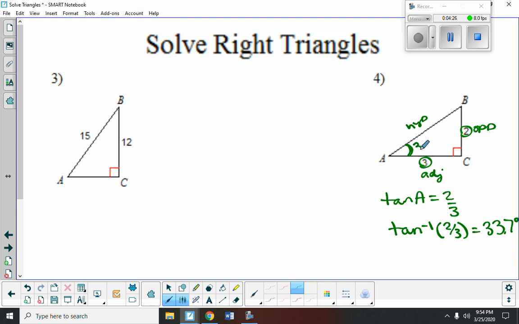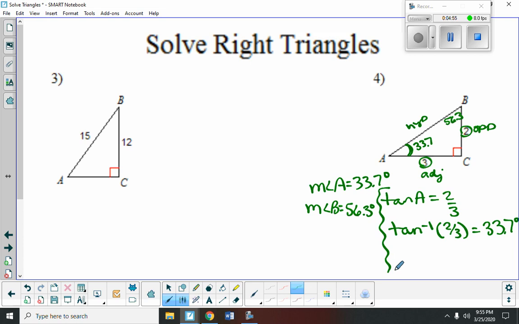And once you find one, you just have to subtract from 90 to get the other one. And that would be 56.3. All right. So those are our angles. The measure of angle A equals 33.7 degrees. The measure of angle B equals 56.3 degrees.